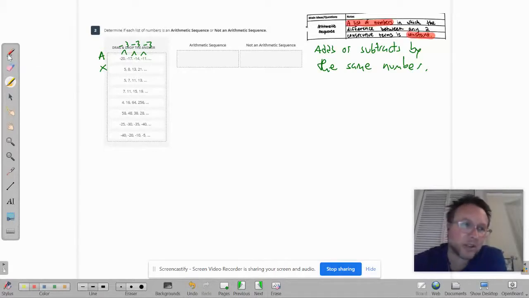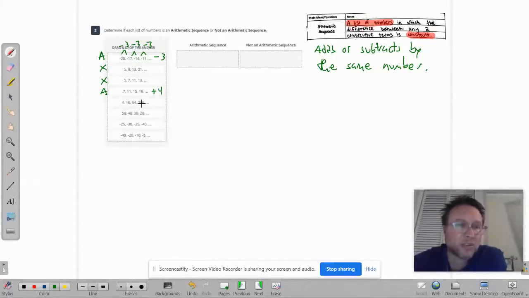It can't fluctuate, right? It can't go up by different numbers each time. So that would not be arithmetic. 7, 11, 15, 19, that goes up by 4 each time, right? So this goes up by 4 each time, whereas the first went down by 3. So this would be arithmetic.